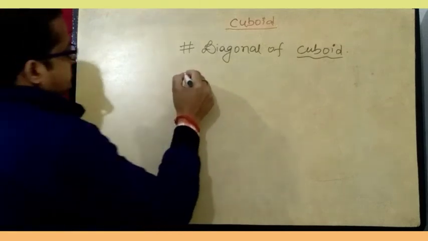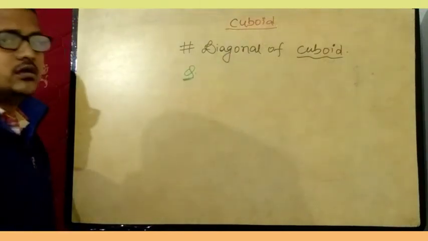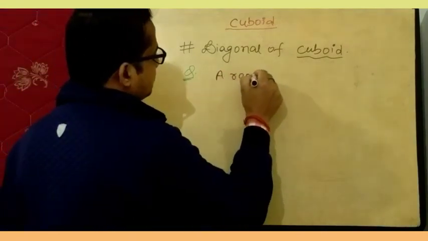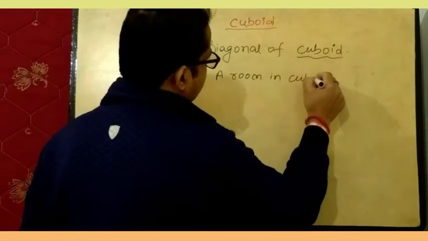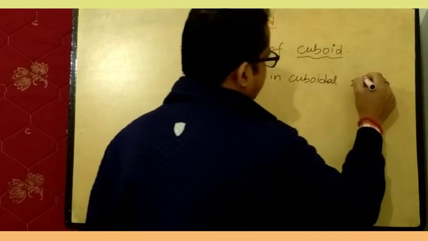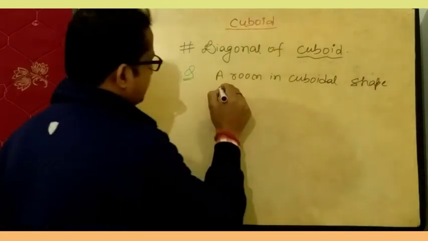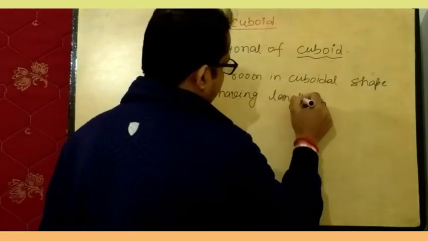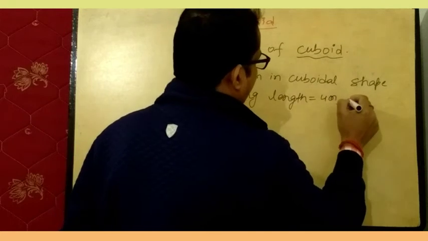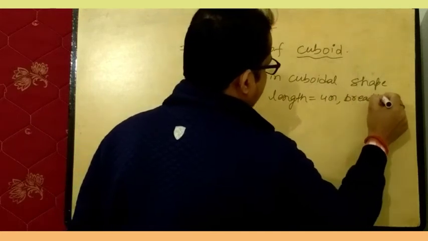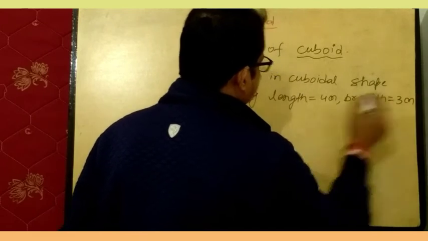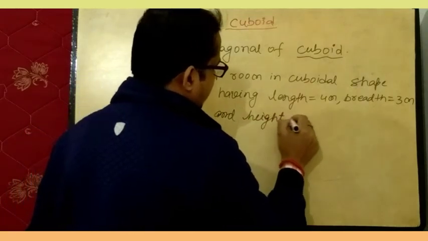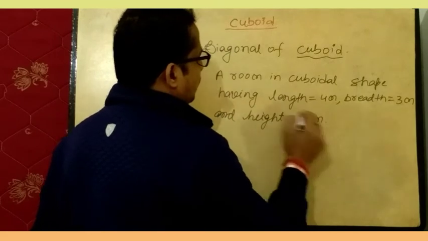A numerical based on this concept, that is the diagonal of a cuboid. It is given that a room in cuboidal shape having length equals 4 meter, breadth equals 3 meter and height equals 1 meter.